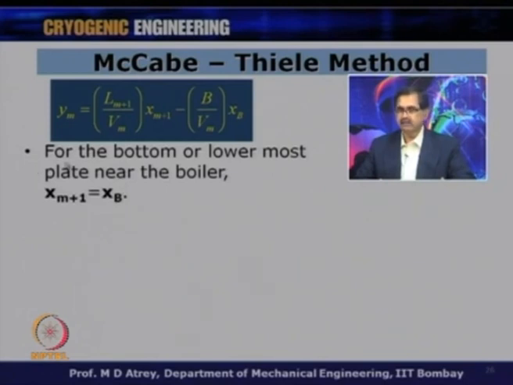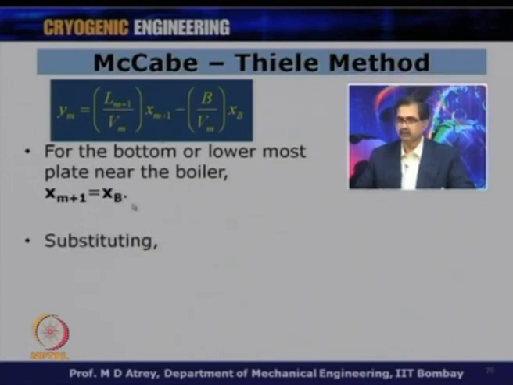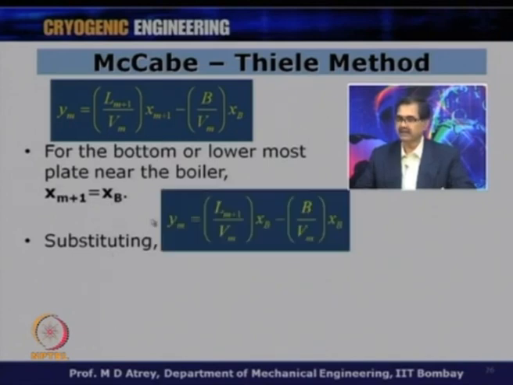Again putting the same assumption, for the bottom or the lowermost plate near the boiler, we get Xm+1 is equal to Xb. It basically shows how much nitrogen is there in oxygen, which is going to be a very small amount, all right. It is going to be 0.02 or 0.03. It actually talks about the impurity now for the bottom product, and that is the purity for the top product. Substituting this value, if I write this equation only for the bottommost plate, I will get Xm+1 is equal to Xb in that case.